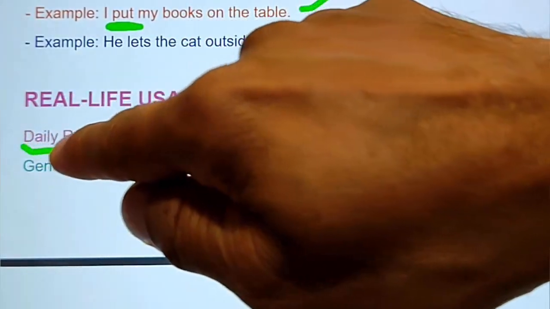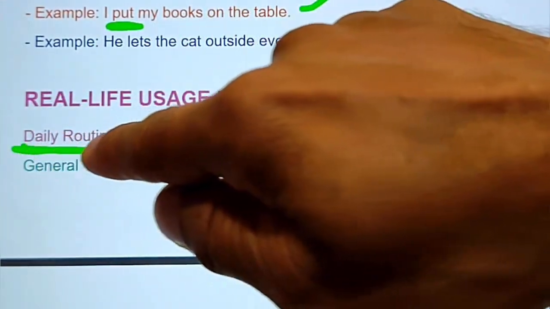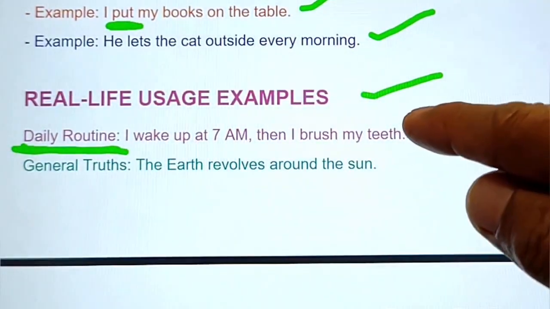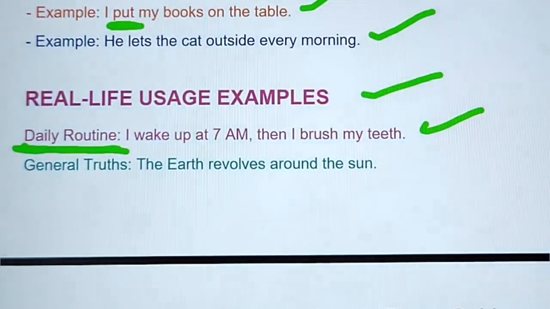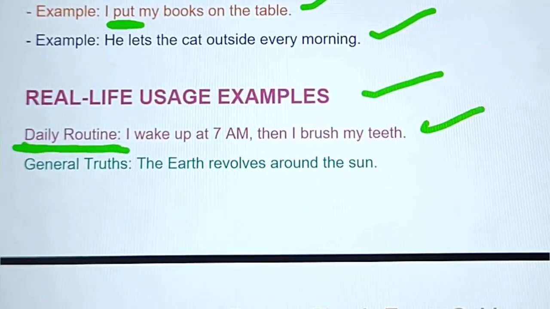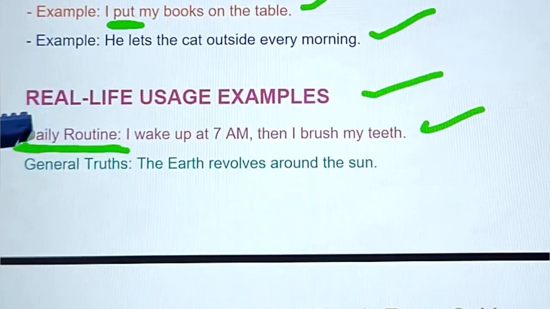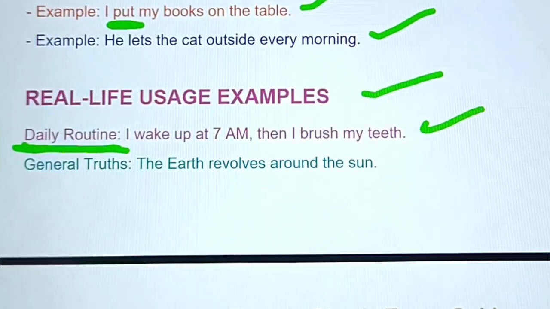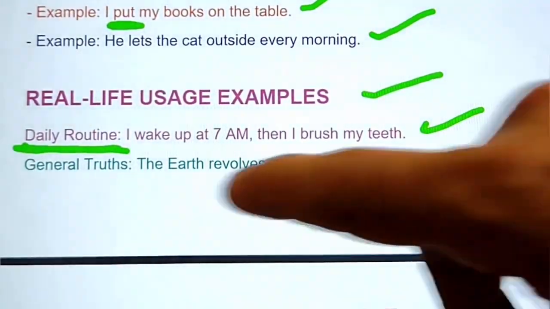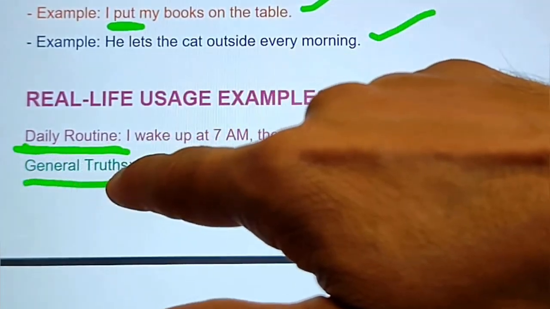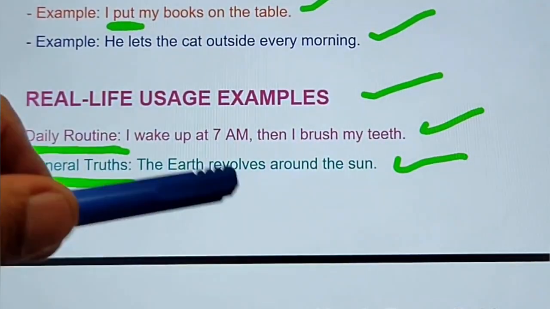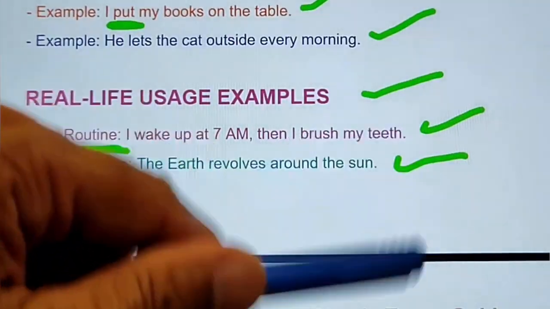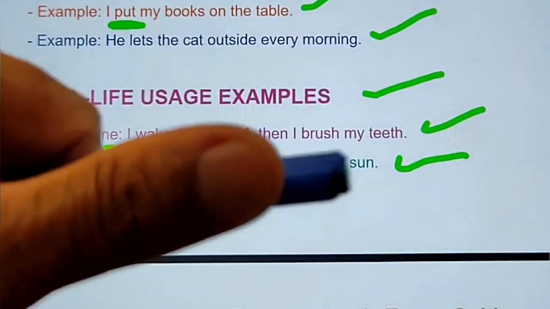In a daily routine you use present simple tense. For example here, I wake up at 7 a.m., then I brush my teeth. This is daily routine. We can use present simple tense here. And we use present simple tense for a general truth. For example, this one, the earth revolves around the sun. This is the general truth.